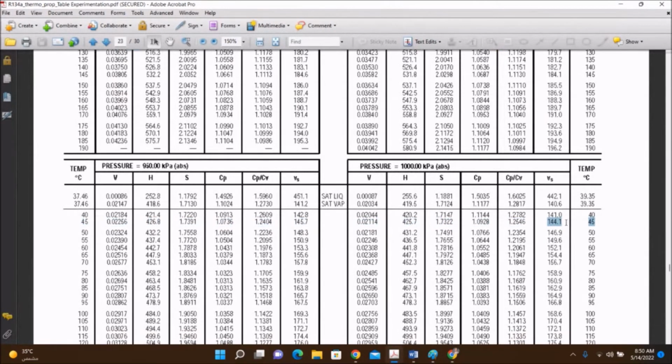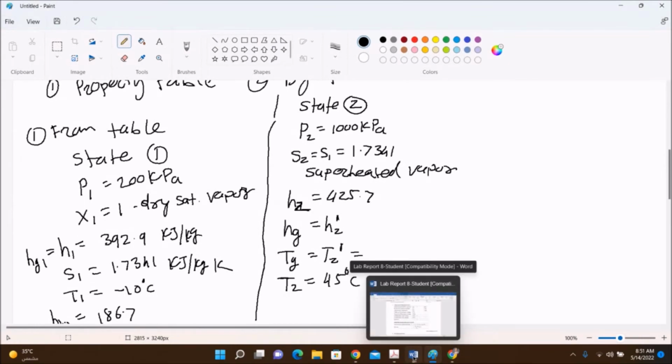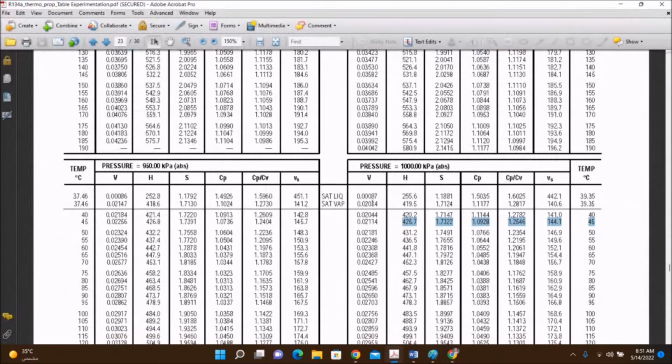So record this property. I need enthalpy, I need entropy, no need. Specific heat I need, volume I don't need, temperature I need. So enthalpy is 425.7. T2 is 45. And this is the saturation temperature at this line, 39.55. For saturated liquid and saturated vapor, the temperature remains the same.